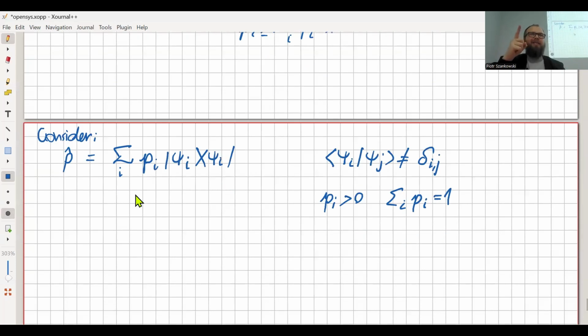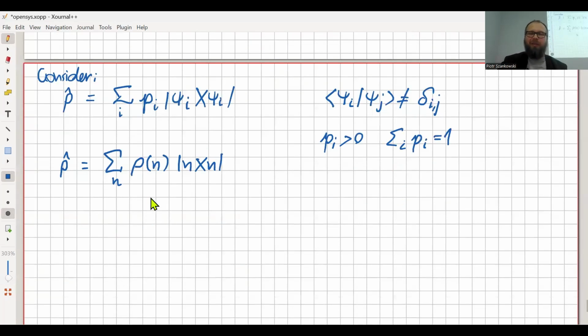But rho is also a Hermitian operator, right? This is always a Hermitian operator. So we can always diagonalize it, so we can write down its spectral decomposition. So rho is also equal to a sum over n, let's write it, rho n, that would be eigenvalues and eigenvectors n, okay? It's always possible because Hermitian operators.